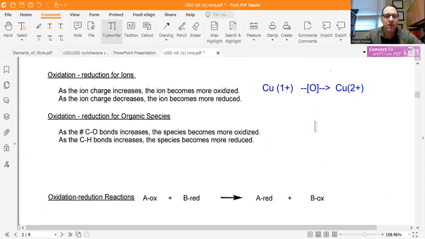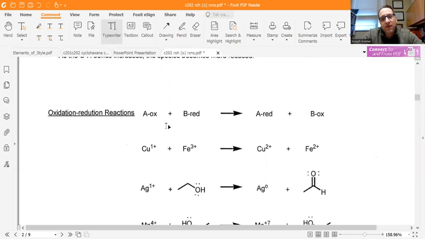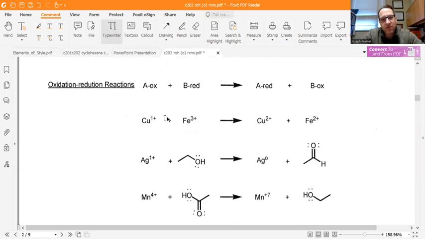As I said before, as the number of carbon-oxygen bonds increases, the species becomes more oxidized at the expense of reducing the number of carbon-hydrogen bonds, because carbon can only make 4 bonds. I will choose not to review this in depth, but I will say that when you're doing oxidation-reduction reactions, you will have one oxidized species on the left, and that species becomes more reduced on the right.